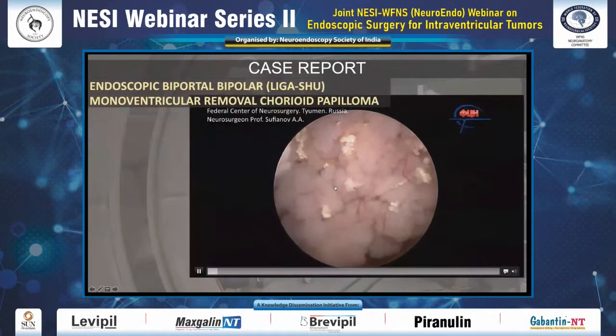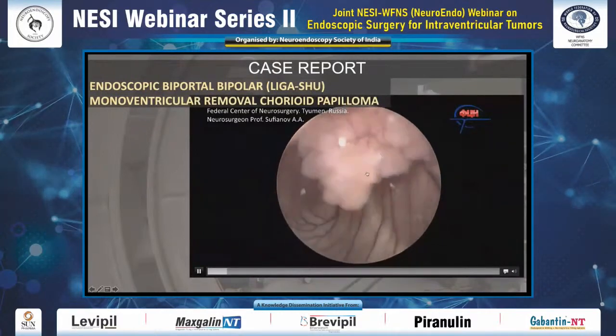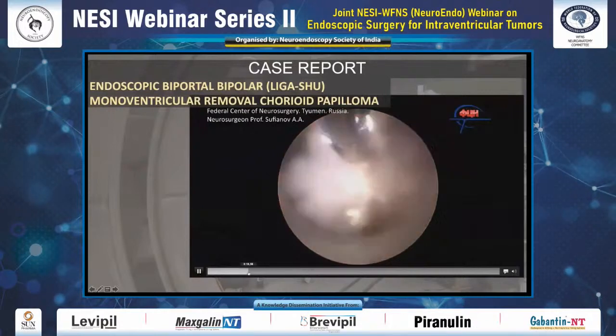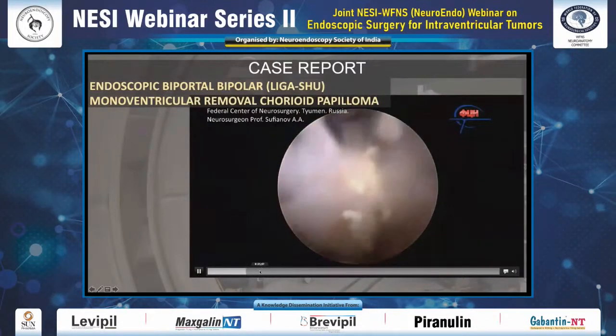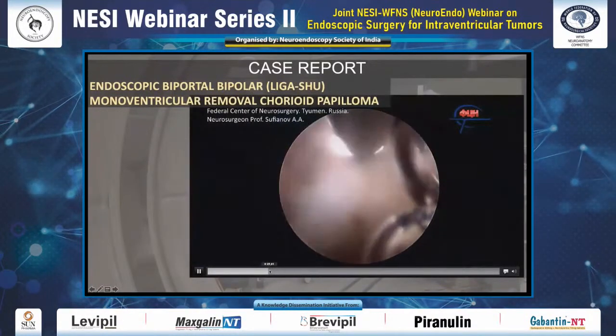You see, I introduce the endoscope by one port and review the system and the possibility of surgery. You see the tumor inside, and I try to dissect and remove it piece by piece.